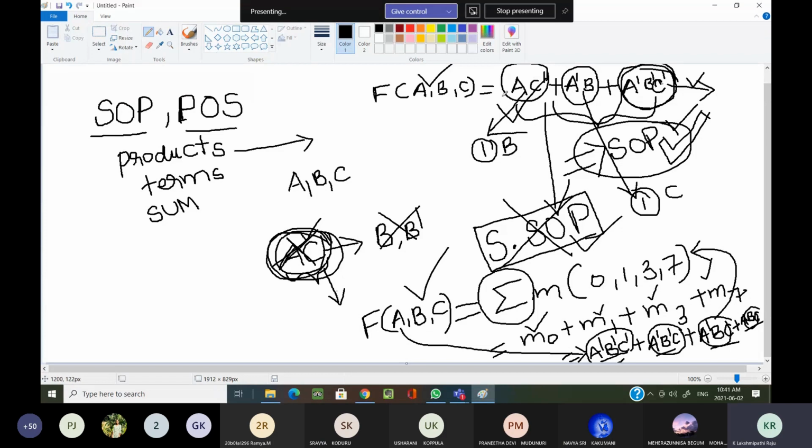If it is in the other format, I can simply call it SOP, but I cannot call it standard SOP or complete form of SOP. This I can consider as canonical standard form. Why? Because every term has all the variables that are there in the given function.